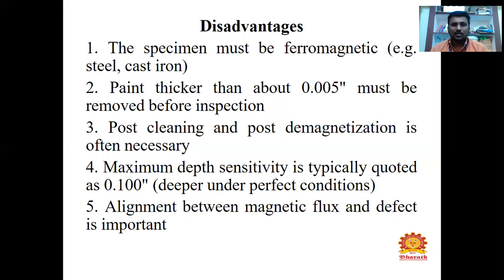Then the maximum depth sensitivity is typically quoted as 0.100 inch and deeper under perfect conditions. It has high sensitivity, so you can easily find small cracks and internal cracks too. Another major disadvantage is that the alignment between the magnetic flux and the defect is important. If the alignment changes, we cannot find the defect accurately.